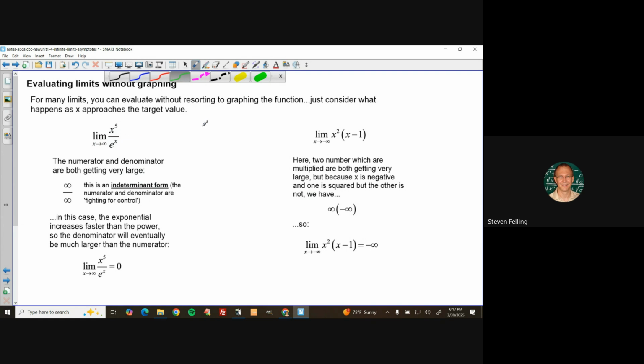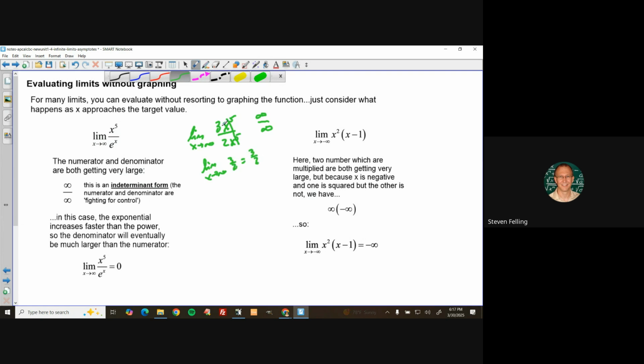Let's say we had the limit as x approaches infinity of 3x to the fifth over 2x to the fifth. Well, these are both going off to infinity, so that's like an infinity over infinity. They're both racing to infinity, but they're both going roughly the same speed, right? They're increasing as x to the fifth power, both the top and the bottom. And we know by factoring and canceling that this is the limit as x approaches infinity of just 3/2, which is a constant.